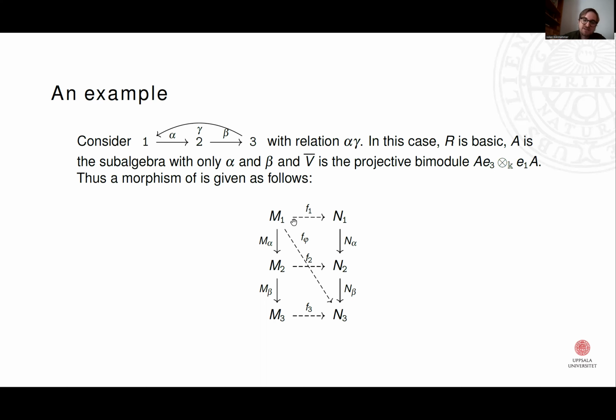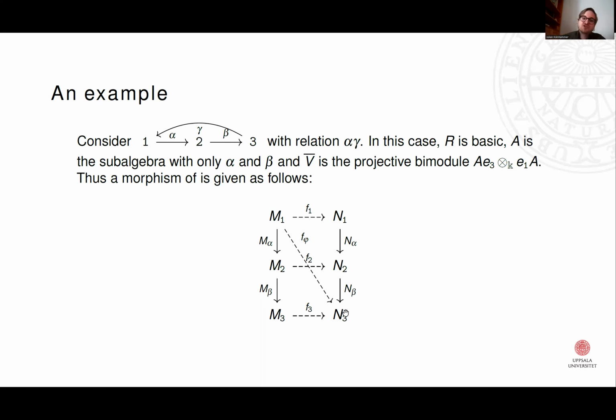It's, as usual, as quiver representations normally are. So it's a map Fi for each vertex. So F1 from M1 to N1, F2 from M2 to N2, and F3 from M3 to N3. And then there's this additional diagonal morphism, F phi from M1 to N3. So this is the data.